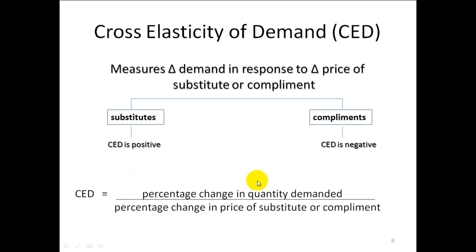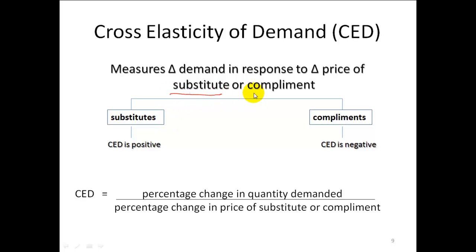Now let's talk about the cross elasticity of demand. Cross elasticity of demand measures the change in demand in response to changes in the price of a substitute or a complement. We've already talked about a substitute, so we gave the example that metal and plastic are substitutes.